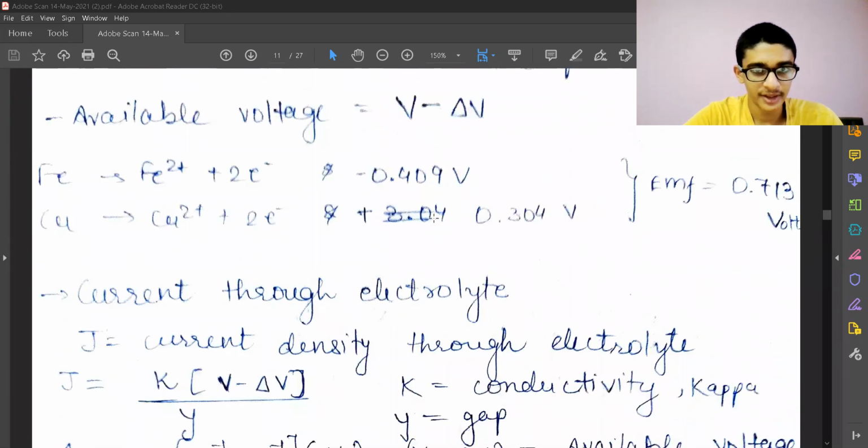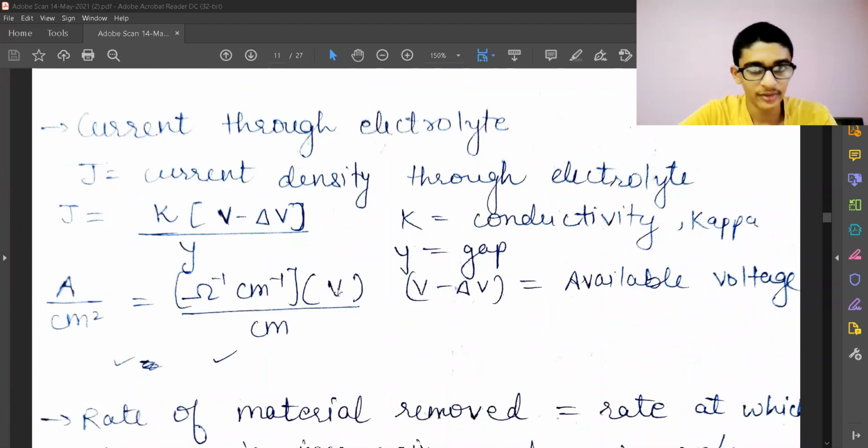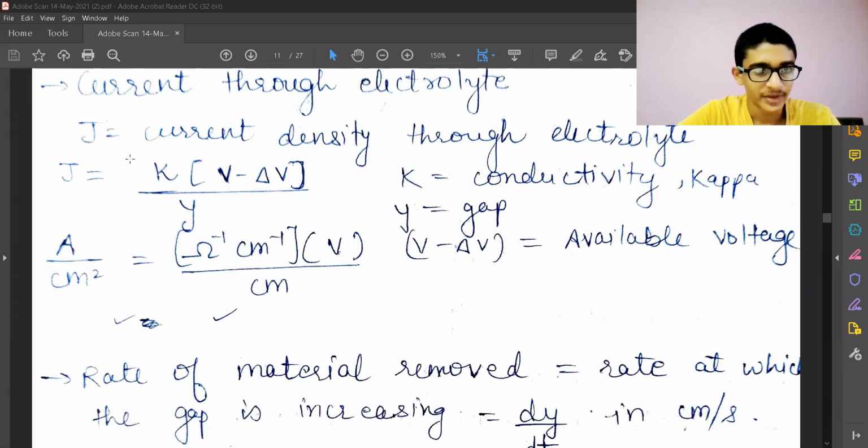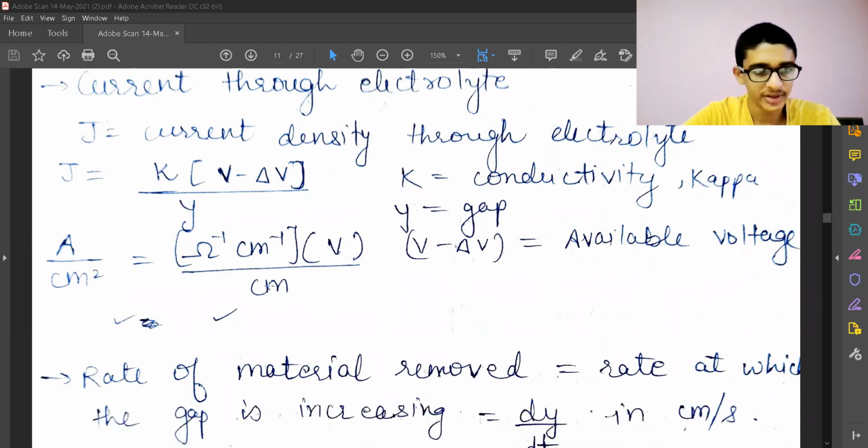And the current through the electrodes. The electrodes are connected electrically, right? So now there is a current flow through the electrolyte also. So J is the current density through the electrolyte. So J will be some K, the conductivity, into the voltage, that is the actual available voltage, divided by the distance, that is the gap, and V minus delta V was the actual available voltage.